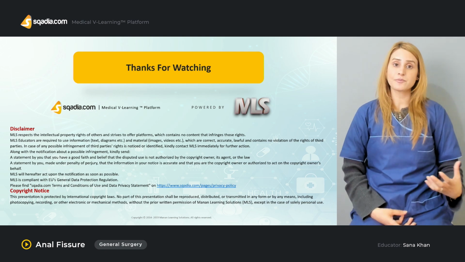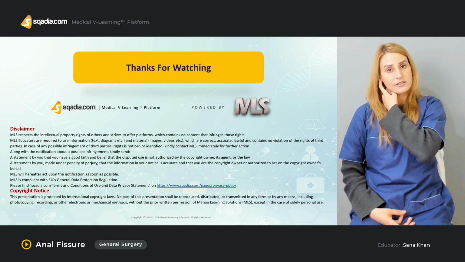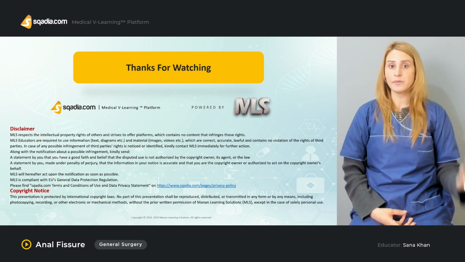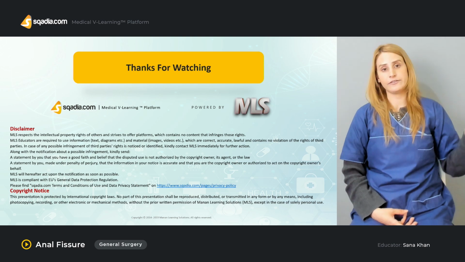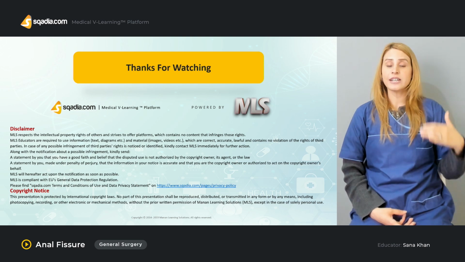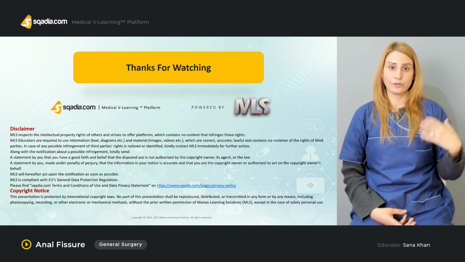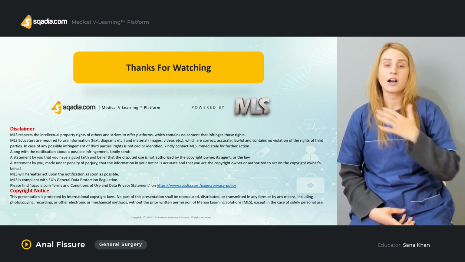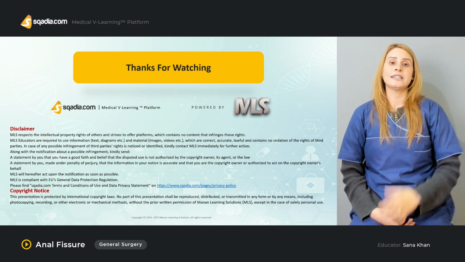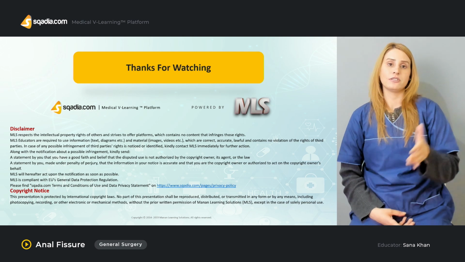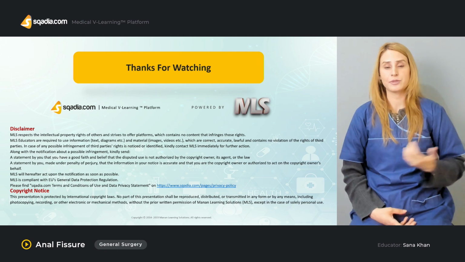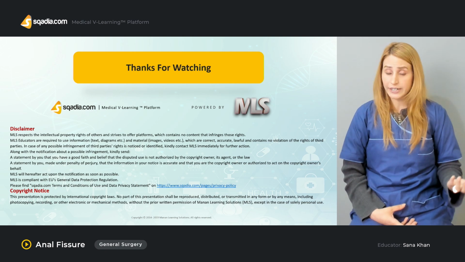Now there is a difference between the treatment strategies. We manage the acute anal fissure with conservative treatment, and it heals effectively in 6 weeks. If the fissure has not healed in 6 weeks and has entered the chronic anal fissure category, then you have to offer them a surgical operation. Initially anal dilators were used, but they are no longer recommended.